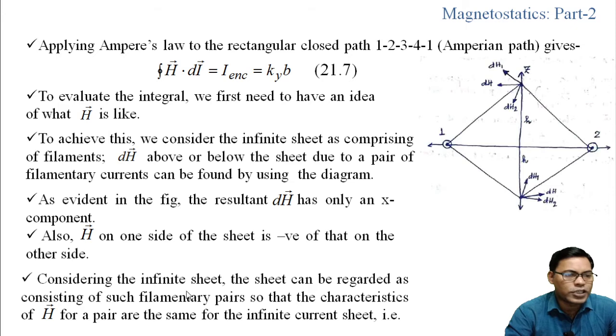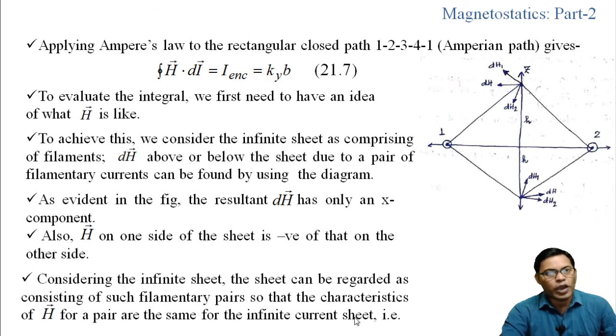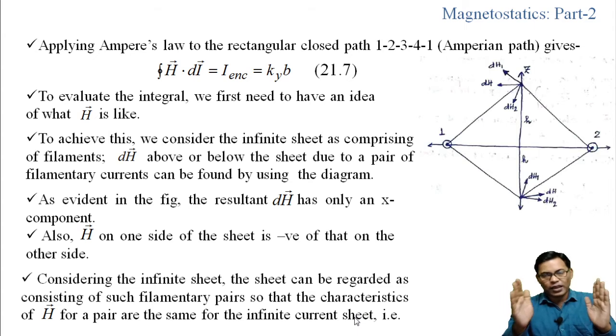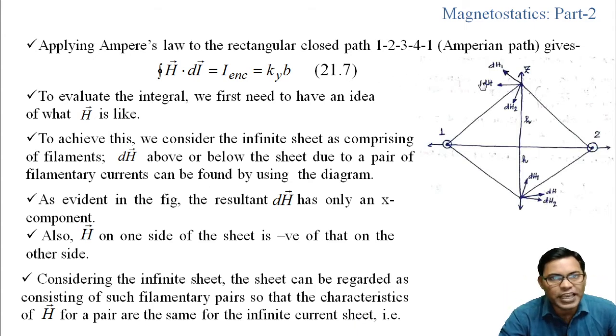Now, considering the infinite sheet, the sheet can be regarded as consisting of such filamentary pairs, so that the characteristics of a pair are the same for the infinite current sheet. As we considered the first strip and the last strip, we got the expression of dH moving along the x direction, either positive x or negative x.